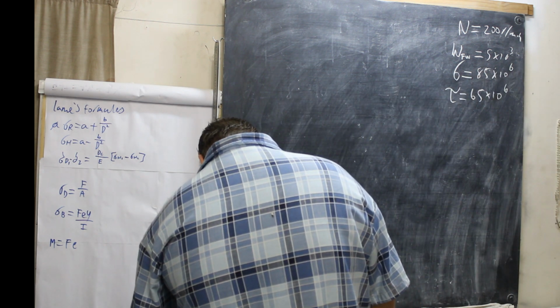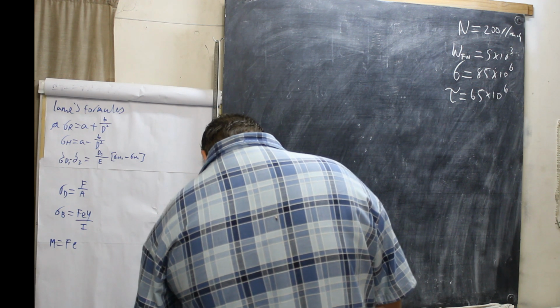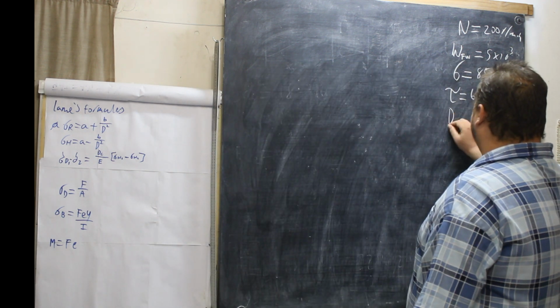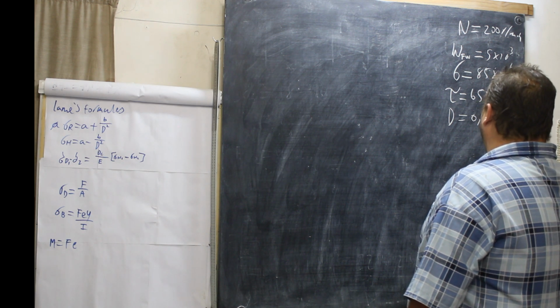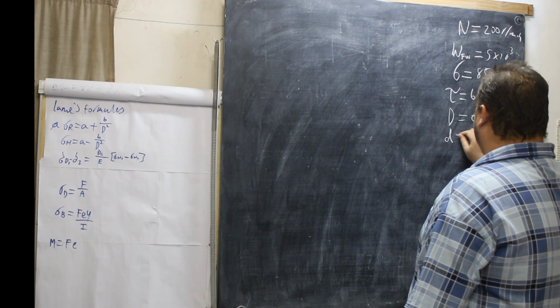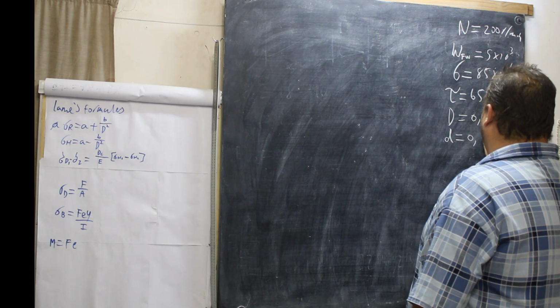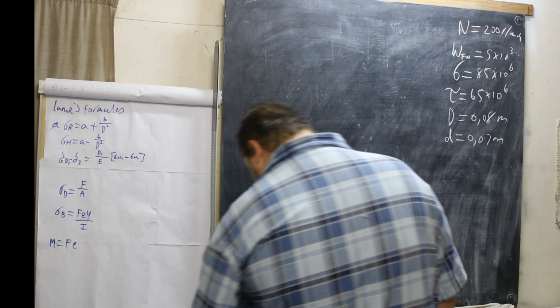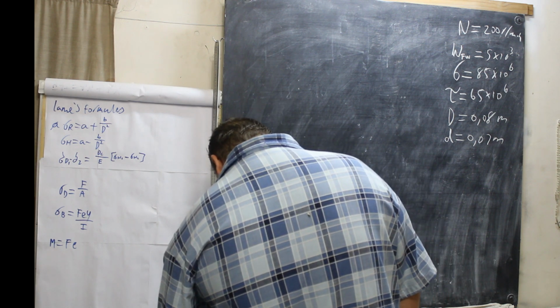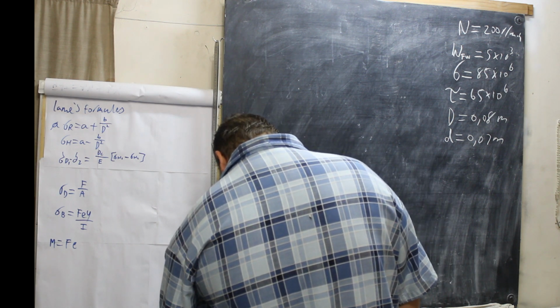Respectively. The outside diameter of the shaft is 80 millimeters, so big D is 0,08 meters, and little d is 0,07 meters. That is the inside diameter. Now, we've only got one question to answer, but it has many parts.